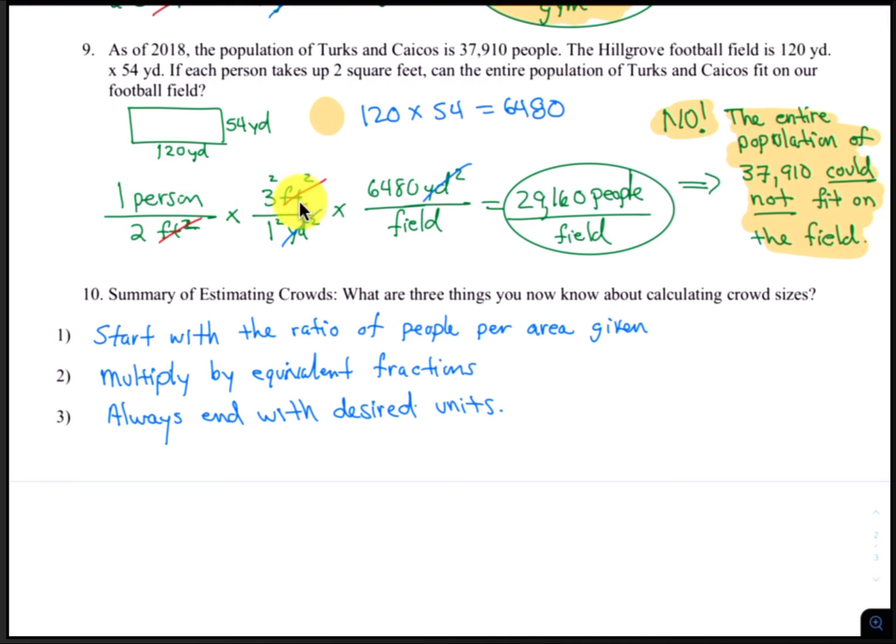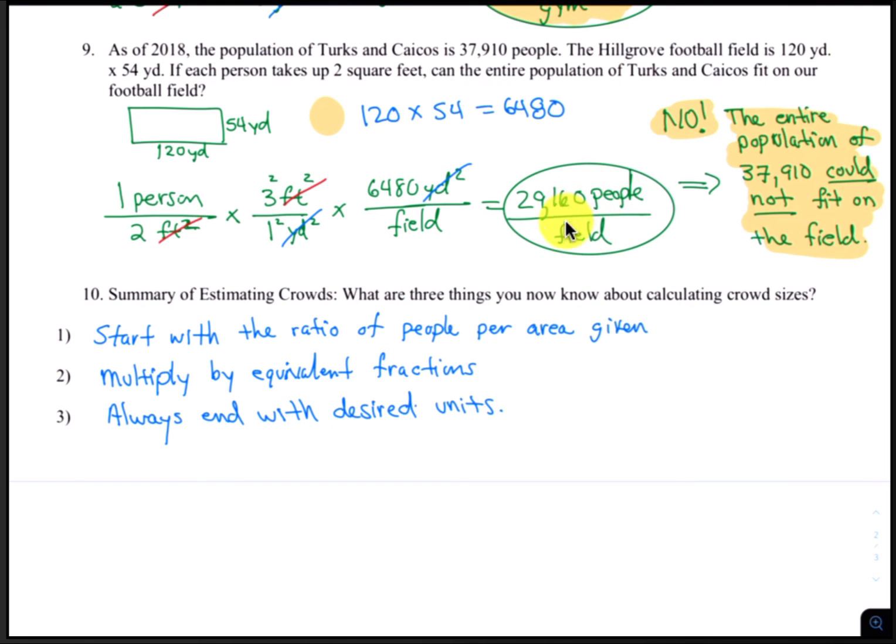So multiplying straight across, first we notice that the square feet cancel and also the square yards cancel. So 1 times 3 squared times 6,480 and then divide by 2 will give us 29,160 people on the field.